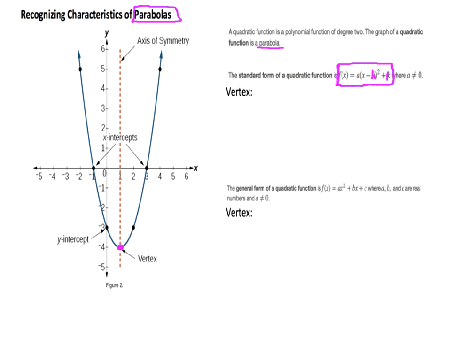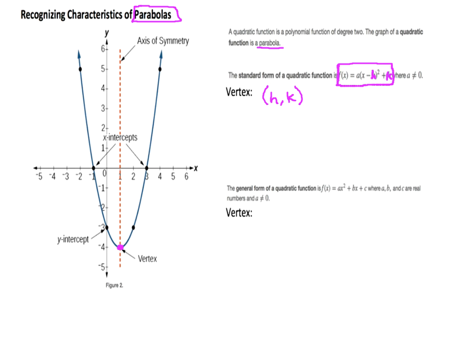And as a matter of fact, I've taught out of a book before that called this form vertex form. So your vertex is given by (h, k). So it's a very nice form to have your function written in.